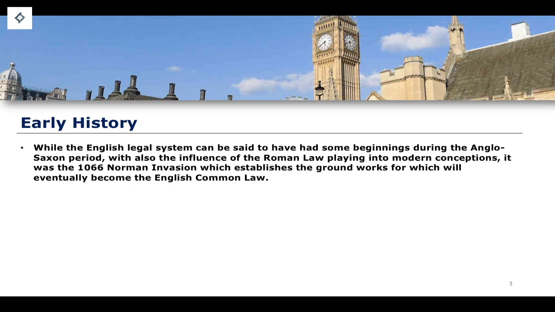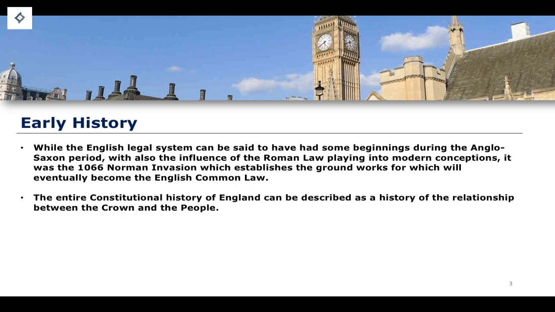So this is eventually what would ultimately turn into the development of the common law. The common law would also develop through the dynasty of the Angevin kings, and the Angevin Empire as well. But for now, we'll just talk a little bit about the groundworks from the Norman invasion.